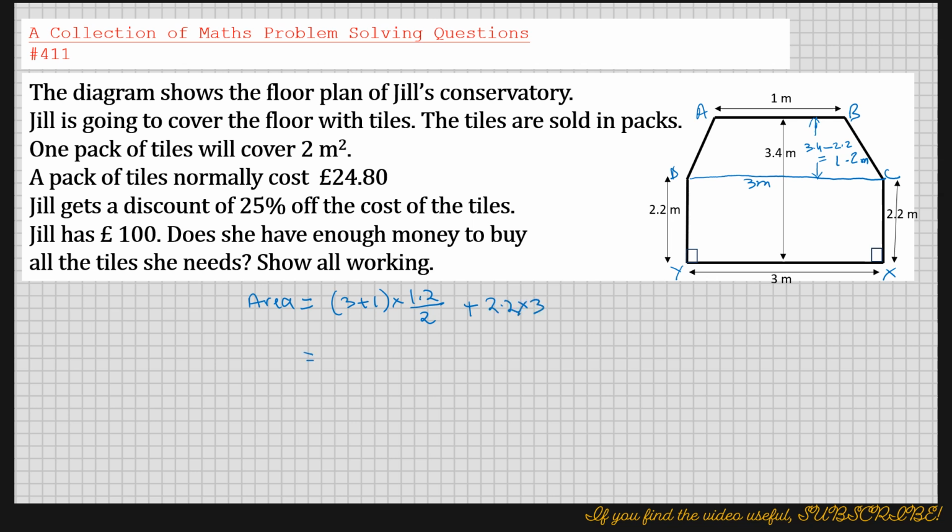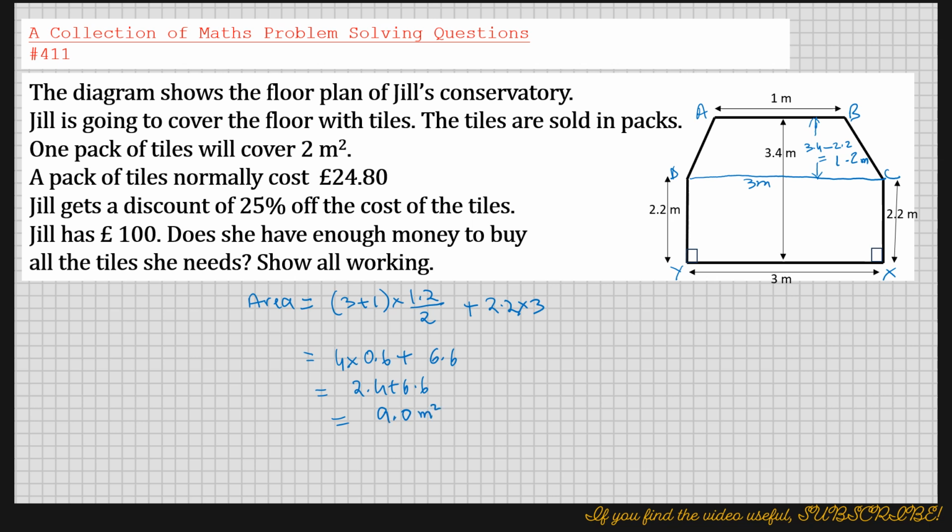So 4 times 1.2 divided by 2 is 2.4, plus 6.6, and that equals 9. So that is 9 meters square.